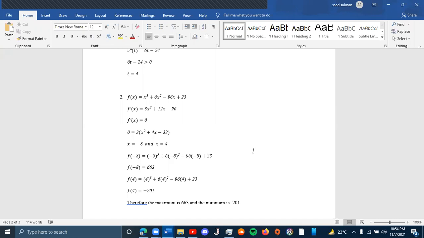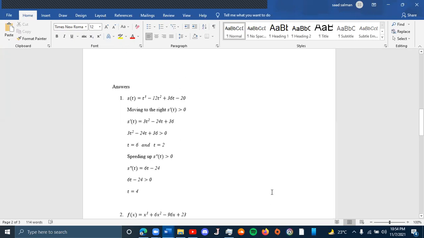Now we'll substitute 4, which will give us 4 cubed plus 6 multiplied by 4 squared minus 96 multiplied by 4 plus 23. Pardon me. f(4) will give us minus 201. Therefore, the maximum is 663 and the minimum is minus 201.